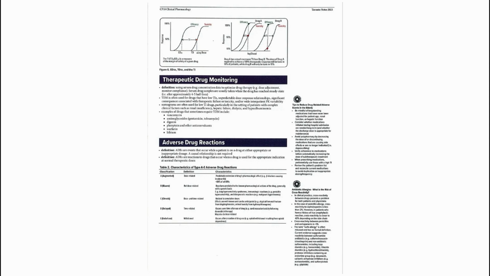TDM is also particularly valuable in patients with renal insufficiency, hepatic failure, dialysis, hypoalbuminemia, and other complex clinical conditions affecting drug clearance. Nomograms are often used to guide dosing for drugs with a narrow therapeutic window.